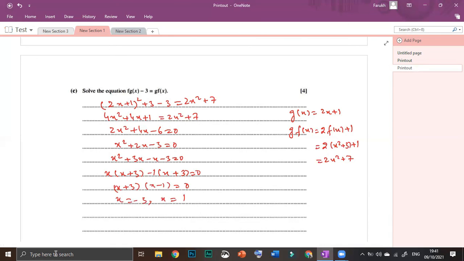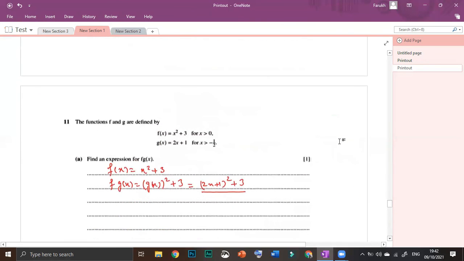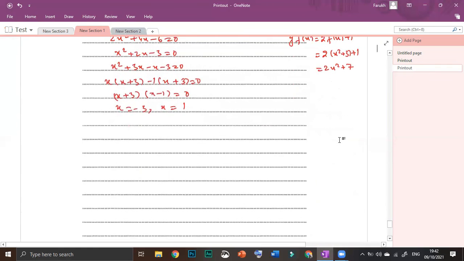Now we will check which one is in the domain. The domain of this function is x is greater than 0 and x is greater than minus 1 by 2. So minus 3 is not acceptable in any case. This one is not applicable and the answer is x is equal to 1.